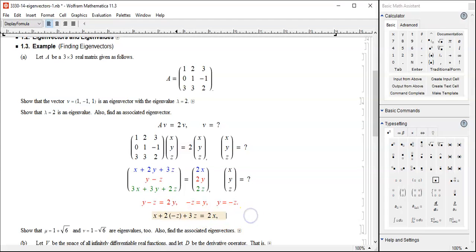Therefore, I get x plus z is equal to 2x. Did I do this right? Therefore, z equals x. How about this? Does it look okay to you?